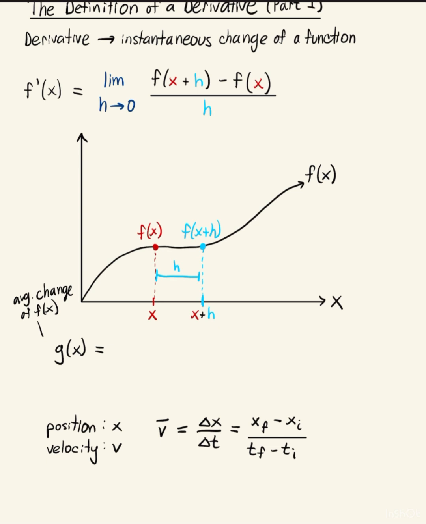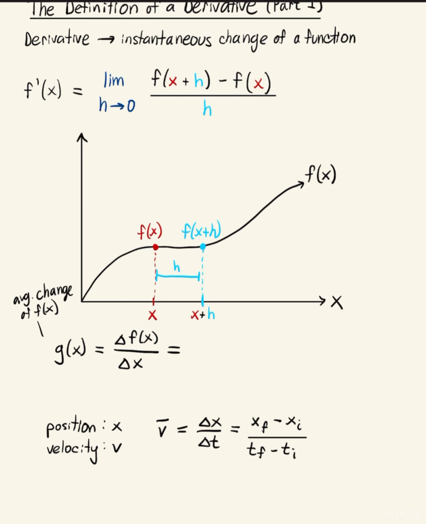Now, the average change of f would just be the change in f of x over the change in x. Similar to where we had the average velocity equal to the change in x over the change in time, g of x is equal to the change in f of x over the change in x. And again, we just define g of x as the average change of x.